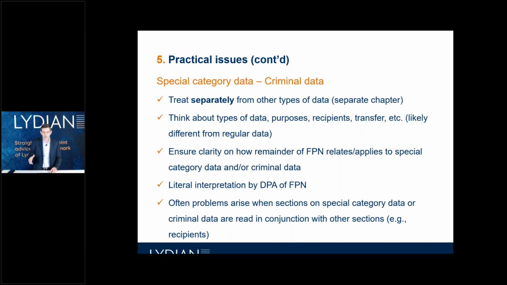So for example, the purposes will be different, and also the recipients will be different, whether there is a transfer or not will be different, and so on. What you need to do in your fair processing notice is to be very clear on how your fair processing notice applies to these special category data or those criminal data.